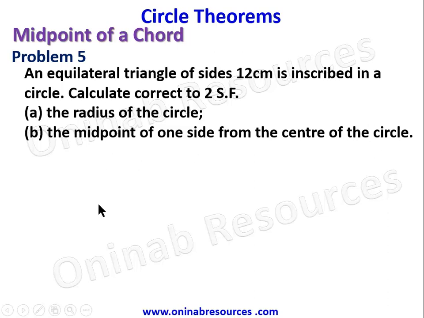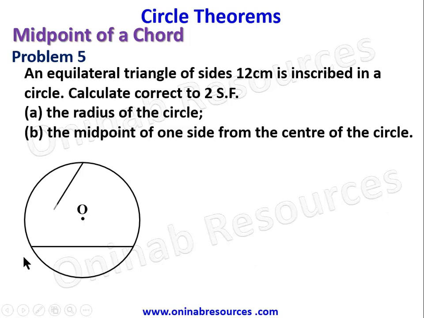So we are going to draw the circle center O, the equilateral triangle. Then we have the radius from the center of the circle to one of the vertices of the triangle. Now the distance from the center of the circle to one of the sides.